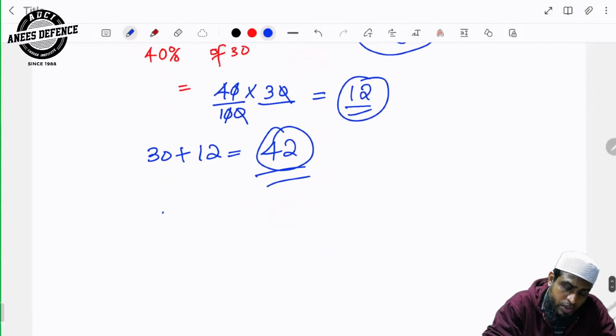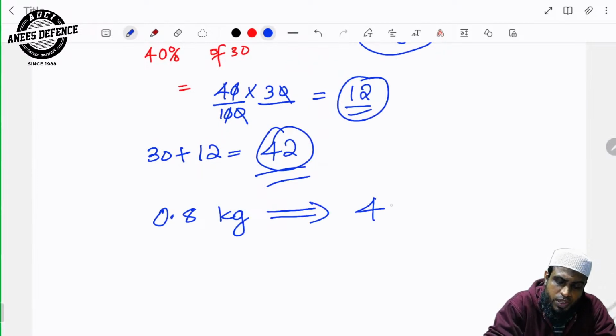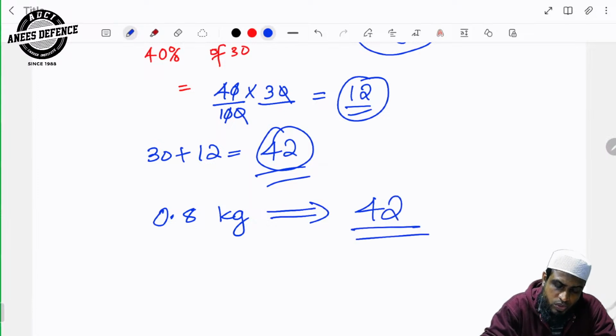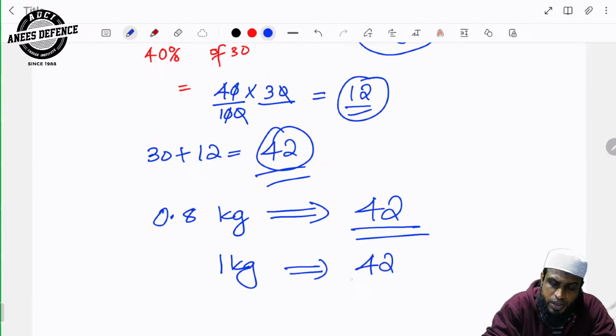So 800 gram means 0.8 kilogram. Price is 42. Therefore 1 kilogram will be 42 by 0.8.